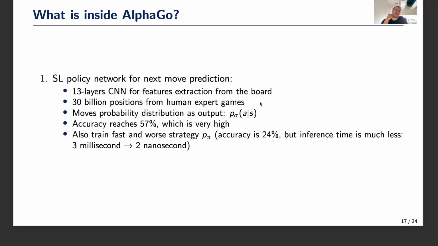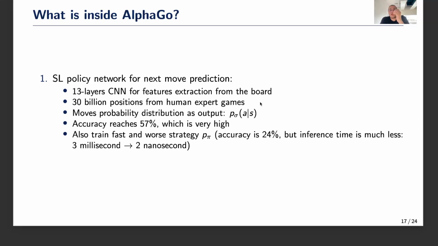So this tells us, given a board state, how likely a human expert is to play move a for action. The network is a deep convolutional network with 13 layers.